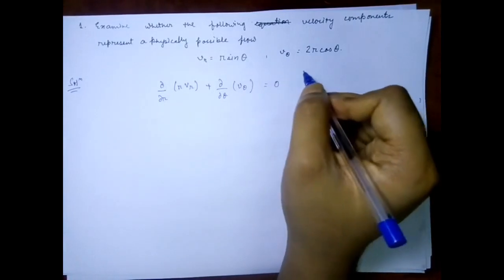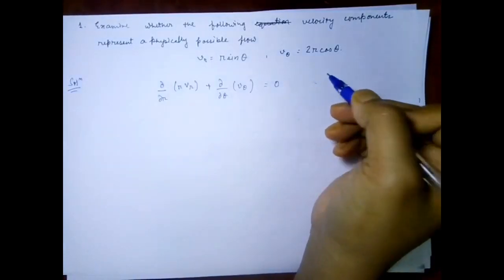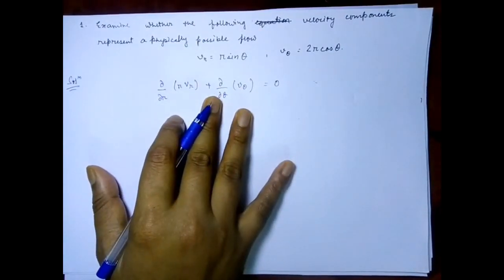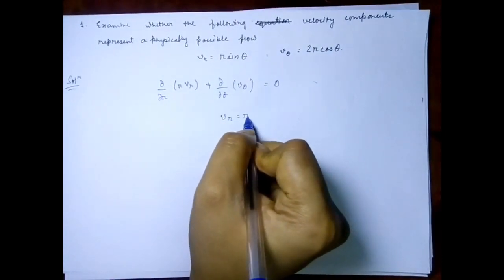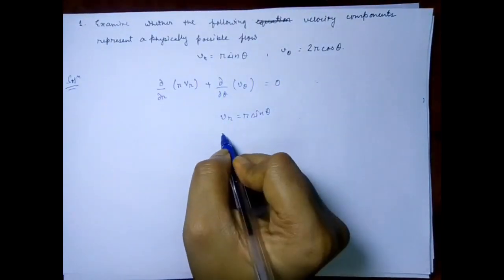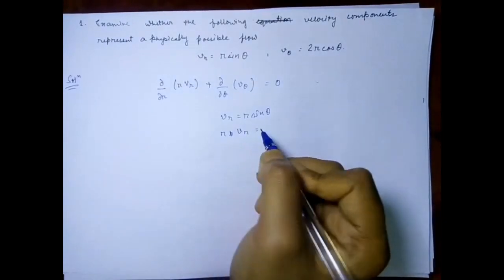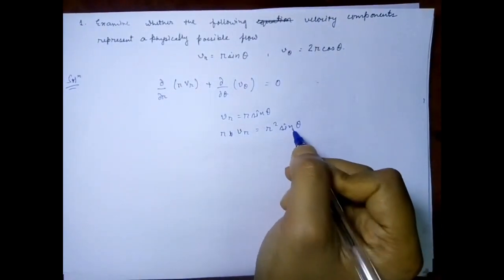And we do not have any w term, we do not have any z term, so this is a two-dimensional flow only. So if we multiply the above, we have Vr is equal to r sin theta. On multiplying this with r, it will be r Vr is equal to r square sin theta.